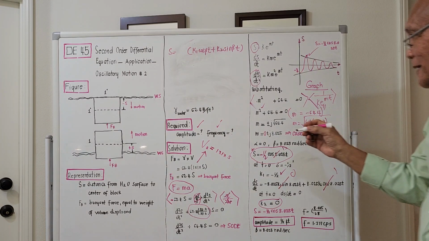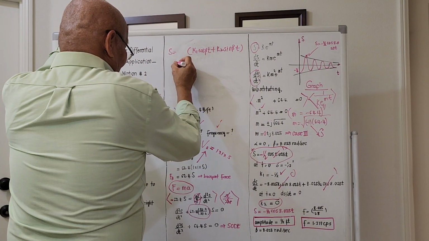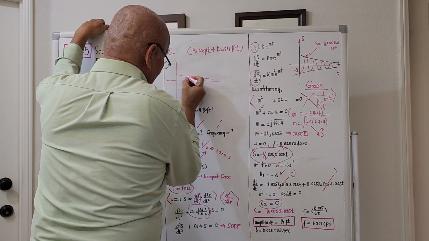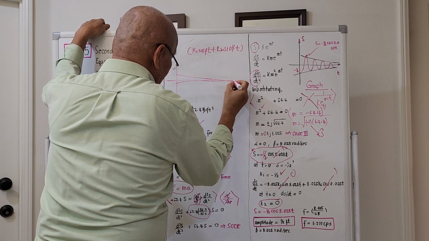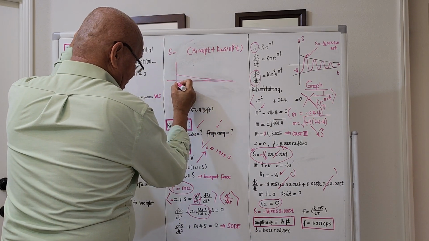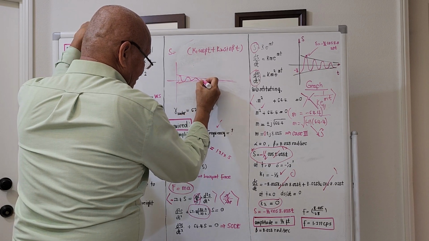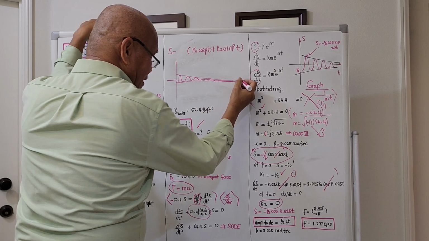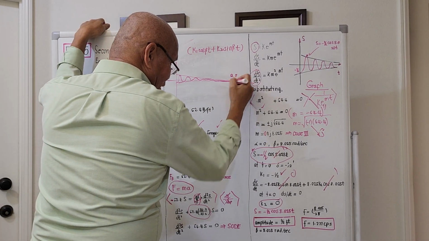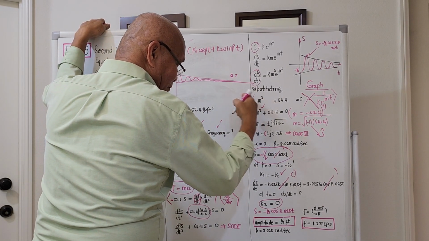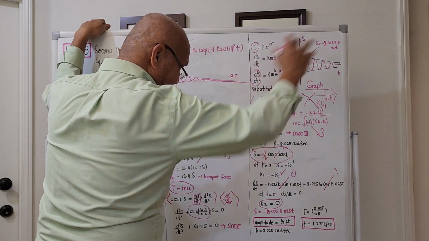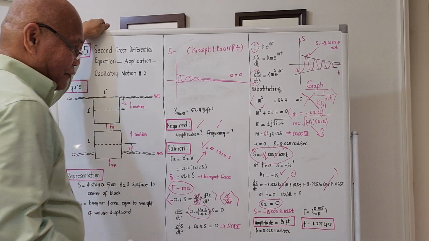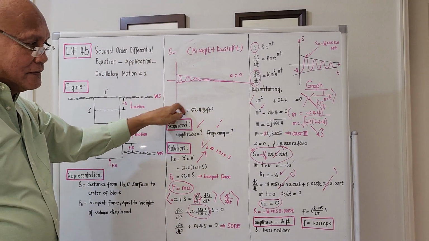So the graph will be up, down, till it becomes a horizontal line. It stops already, and many seconds after it was released, the amplitude will be equal to 0.